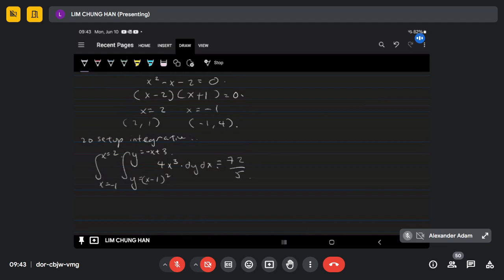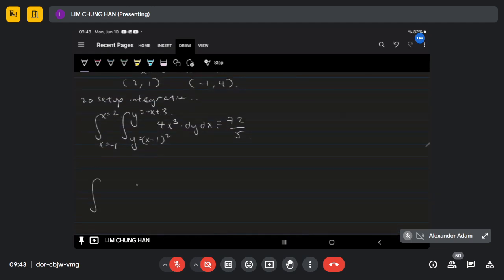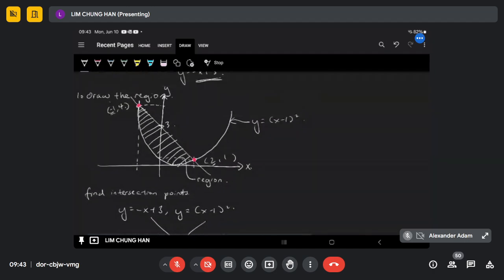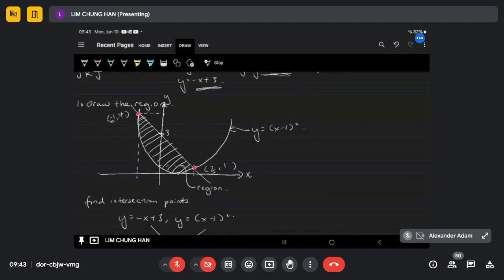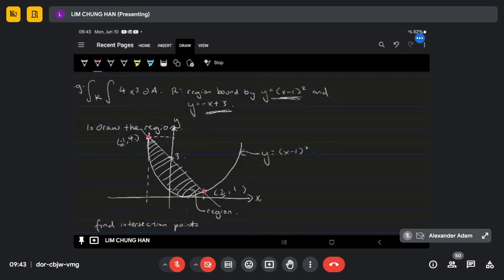What if I want to do x first? What would be my x-axis limits? Just now we did y first, so we went this way. Now we want to do dx first. When we do dx, this is where you see the problem.